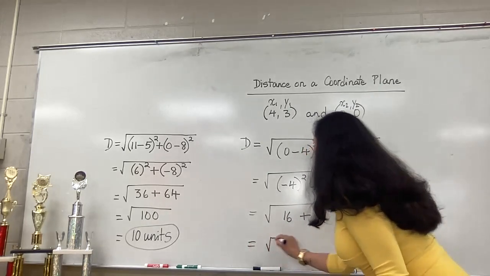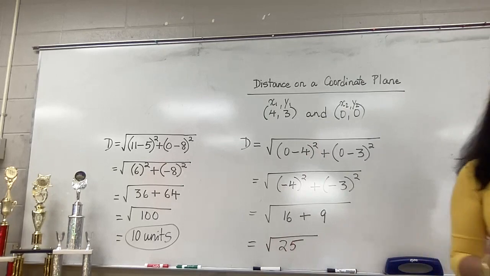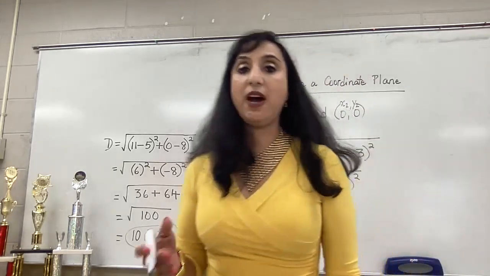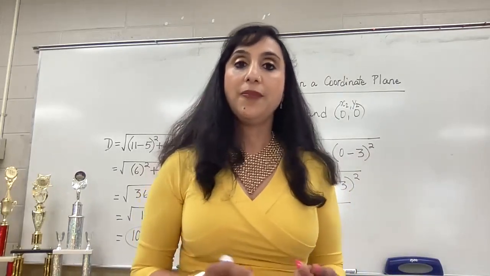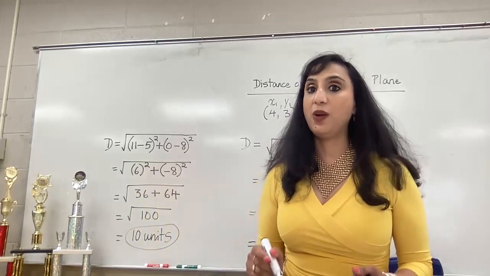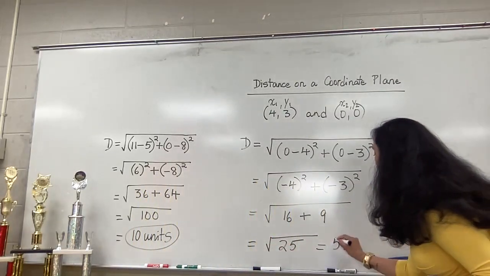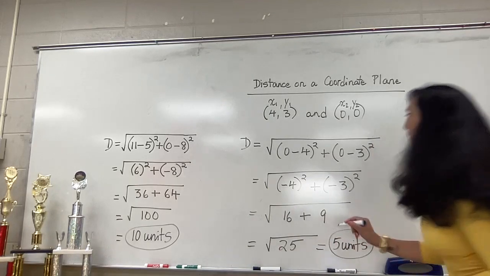Therefore 16 plus 9 is the square root of 25. I have to think what times itself gives me 25, because that's what square root is. I know that 5 times 5 is 25. So my answer is 5 units, and that is the distance between these.